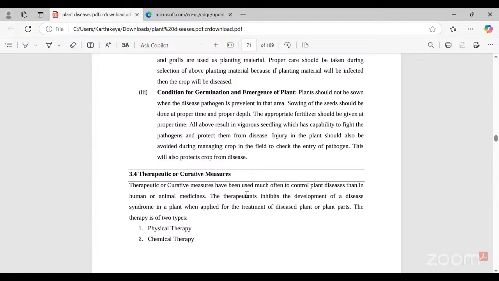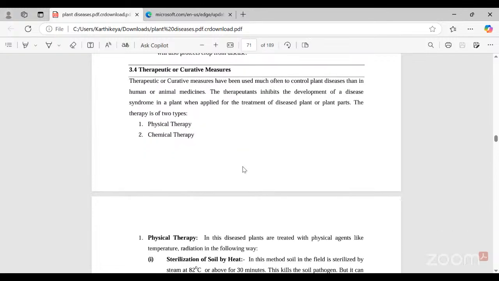All of the above result in vigorous seedlings, which have the capability to fight the pathogen and protect themselves from disease. Injury to the plant should also be avoided while managing the crop in the field, to check the entry of pathogens. This will also protect the crop from disease.